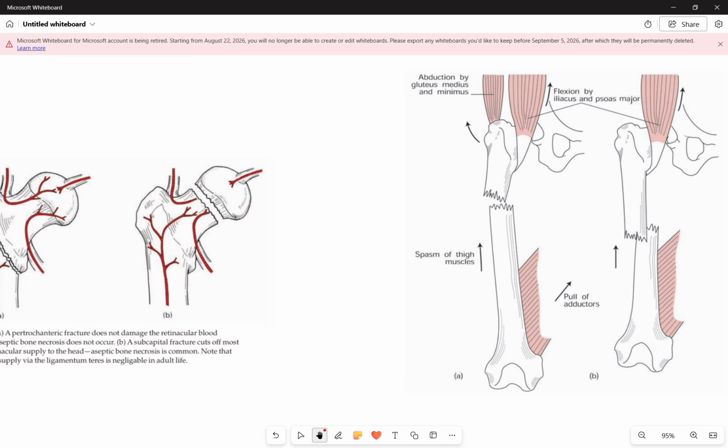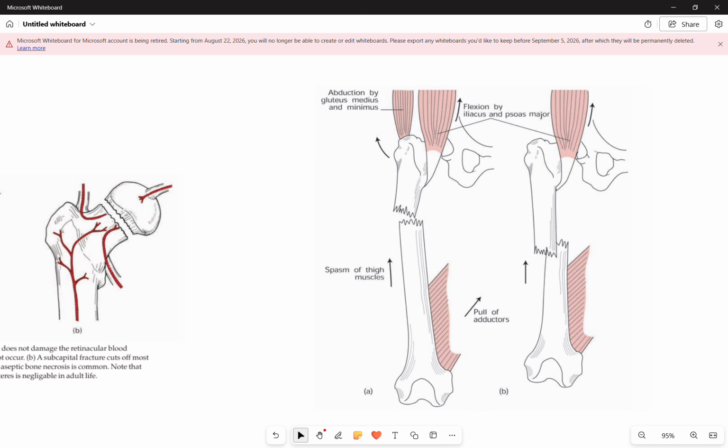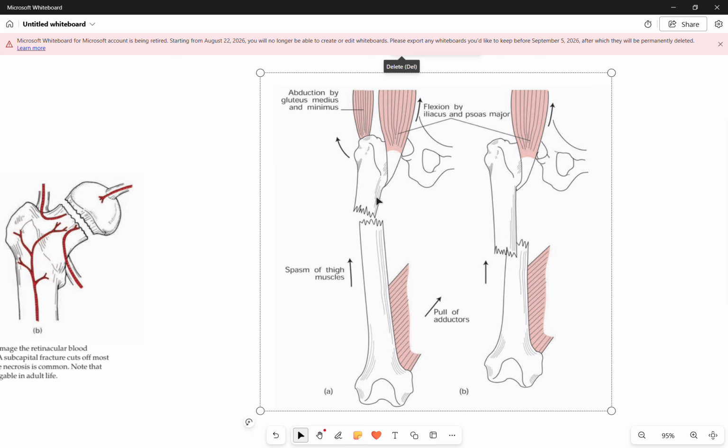Now we come to the shaft. Now the shaft can be fractured either proximally, or it can be fractured in the mid region, mid shaft. So there are two segments now. One is the proximal segment and the other one is the distal segment.